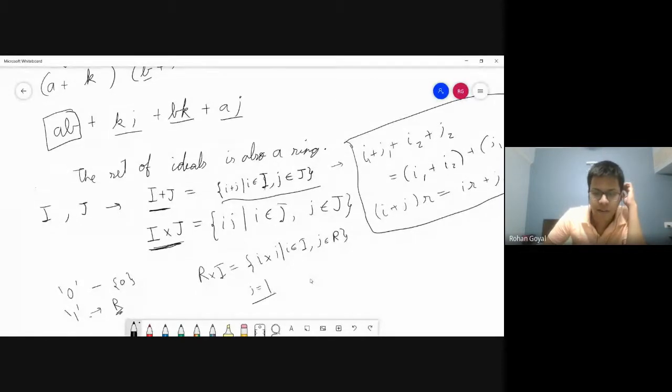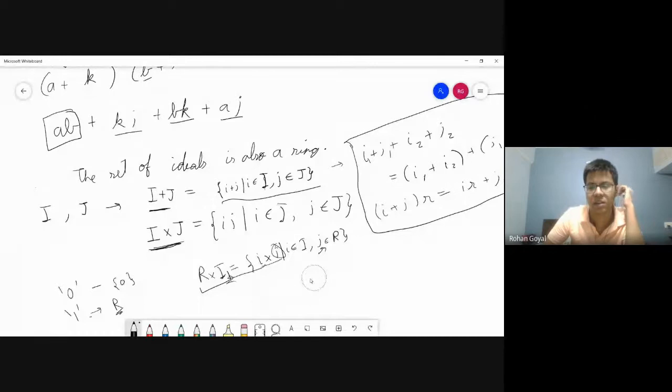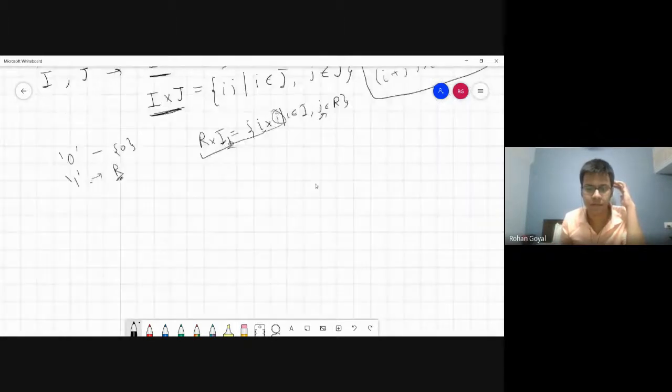J equal to 1 gives you the entire ideal, because J is a part of R, and it's obviously a subset of I, because I times J for any J is in I. So it's actually I, because it has all elements of I and is a subset of I. So it is I. Okay.